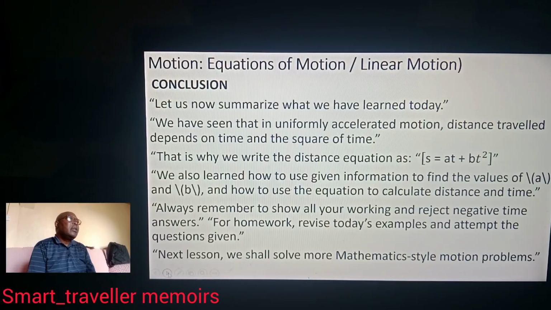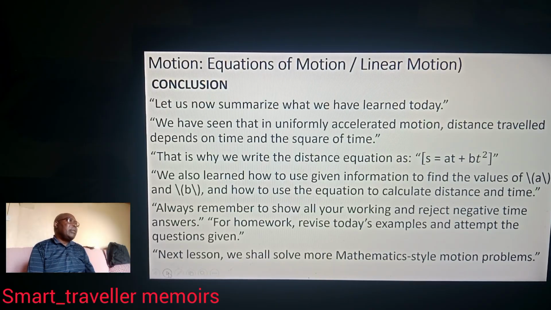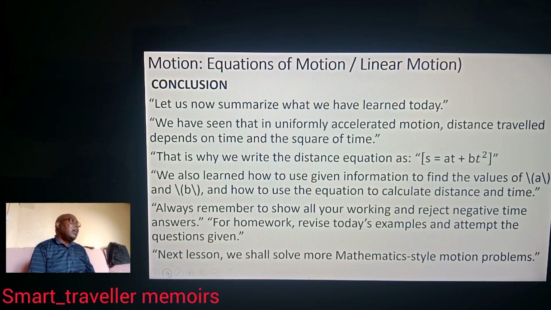To conclude, let us now summarize what we have learned today. We have seen that in uniformly accelerated motion, distance traveled depends on the time and the square of time. That is why we write the distance equation as s is equal to at plus bt². We also learned how to use given information to find the values of the constants a and b, and how to use the equation to calculate the distance and time.